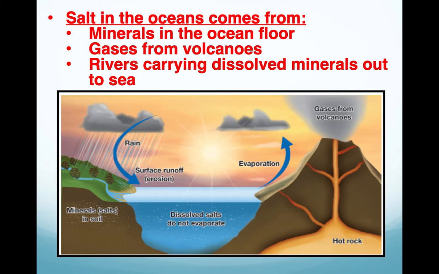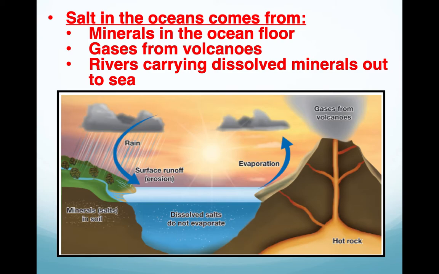So where does this salt come from? The salt in the oceans comes from minerals from the ocean floor. If you look at the picture here, imagine rocks at the bottom of the ocean with water sitting near those rocks. The water is going to take the salts that are inside those rocks and dissolve them into the water. It's also going to come from volcanoes. When volcanoes erupt on Earth, once again a weird concept to us living where we do, but it happens all the time, they release gases into the air, and there are salts in those gases as well that can eventually settle into the ocean.